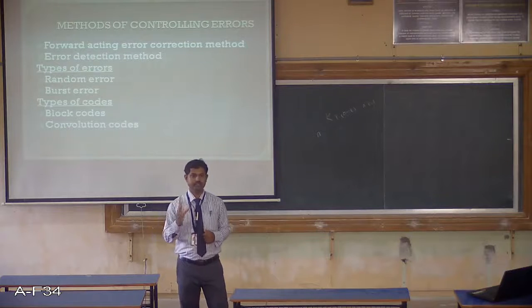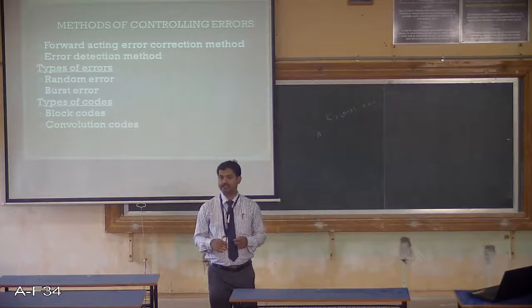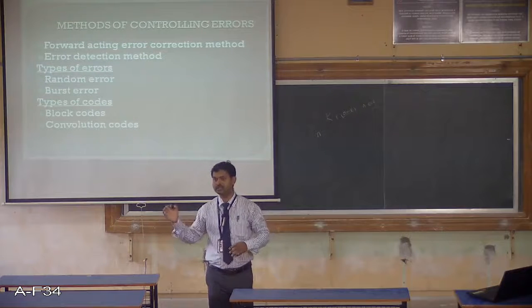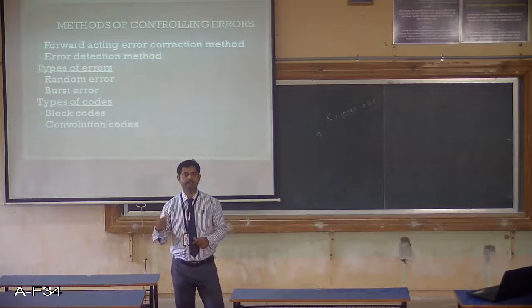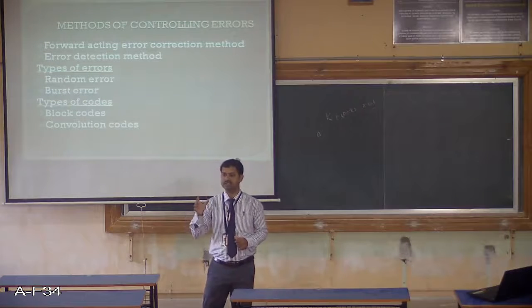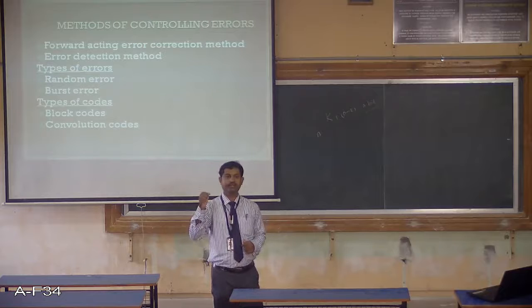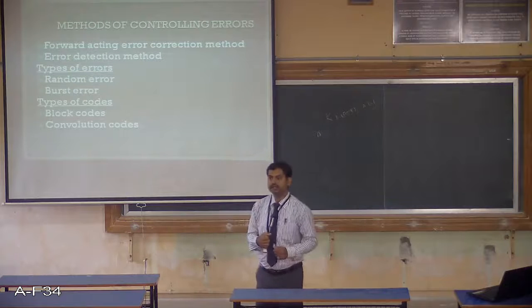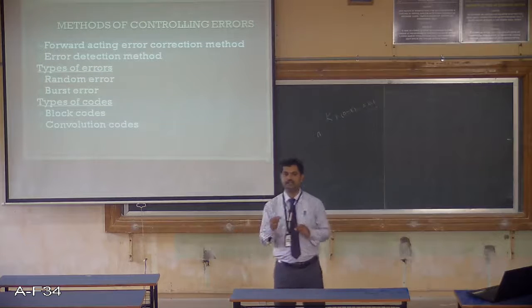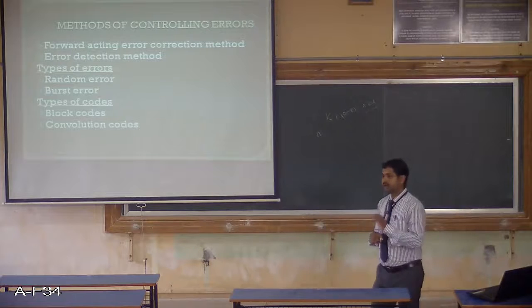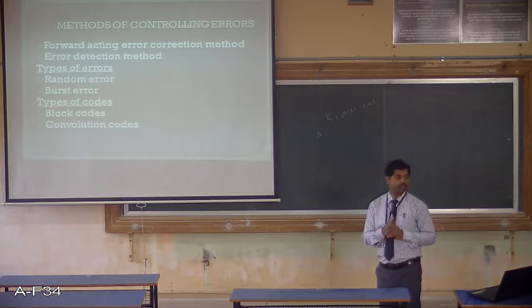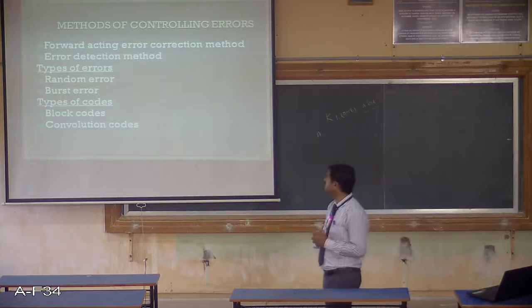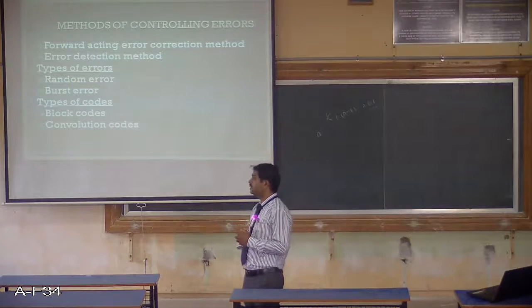If any error occurs during transit from the transmitter to the receiver side, we make some effort to fix it. We try to regain the original message by correcting the corrupted bits. That method we call the forward acting error correction method. Then error detection.